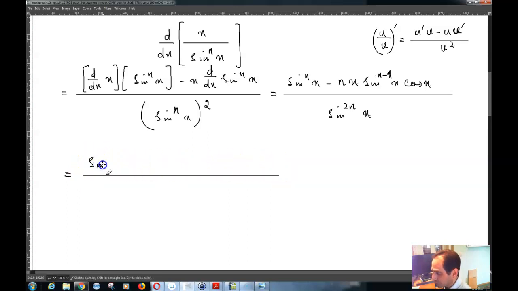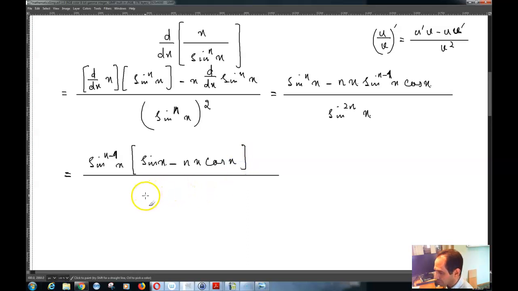I have sine raised to the power n minus 1 of x out. And then over here I will get sine of x, because sine of x times sine raised to the power n minus 1 of x is going to give you sine raised to the power n of x. And over here you will get n times x times cos x.